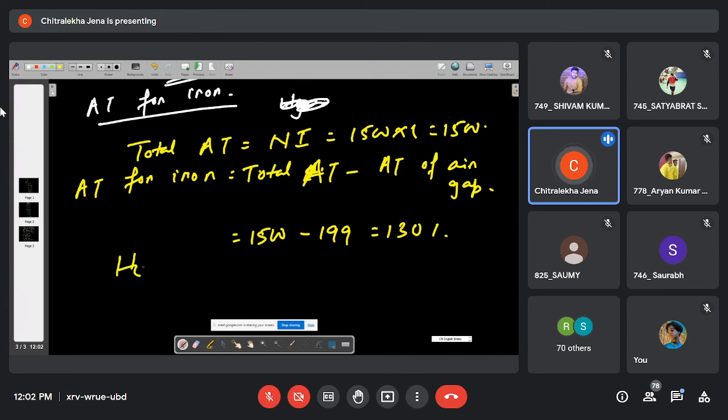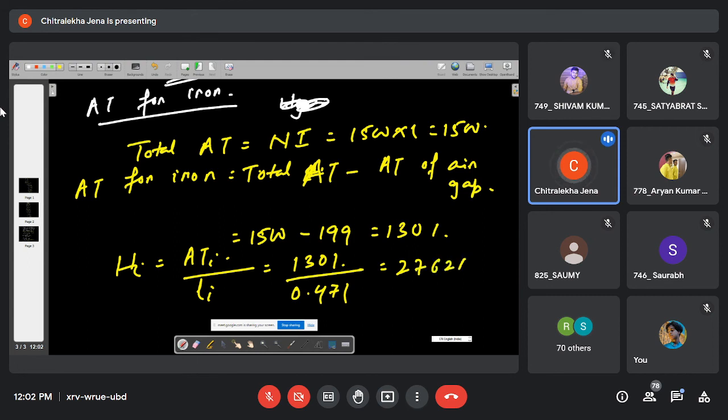So from here we can find HI as ampere turns of iron divided by Li. So this is 1301 divided by Li, which is given as 0.471. So this is 2762 ampere turns per meter. You got it? This is how I am finding the value of HI.